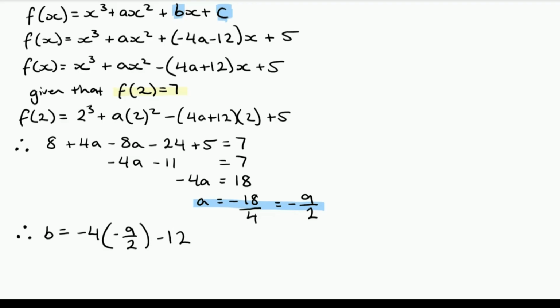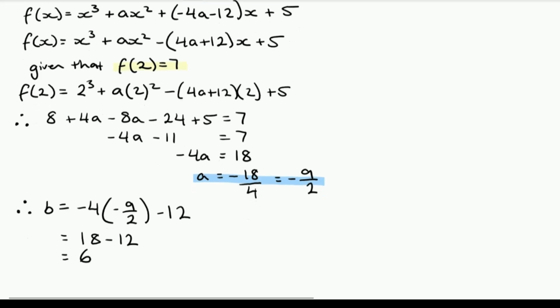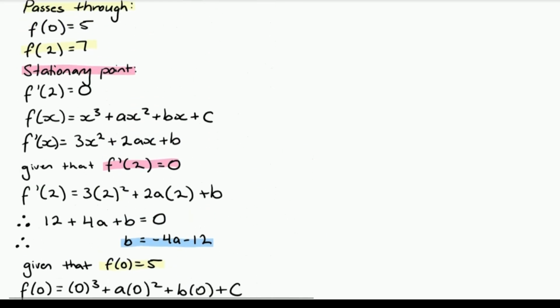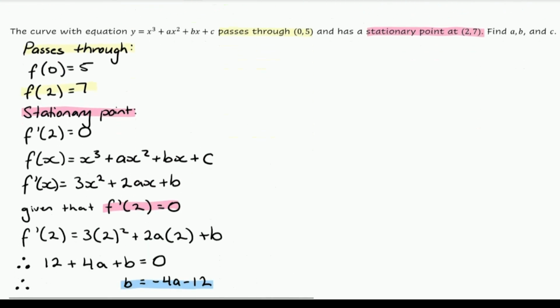So this is going to give me 18 take 12. And then 18 take 12 is equal to 6. So finally, we've actually got a value for our b, which is 6. So we can plug this all into our original equation up here.